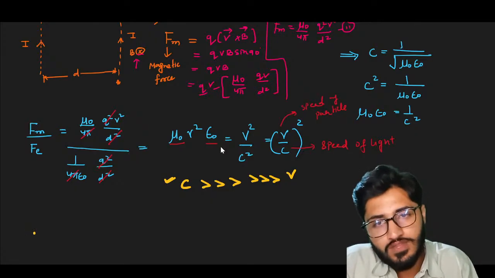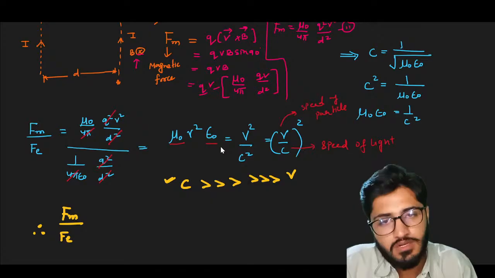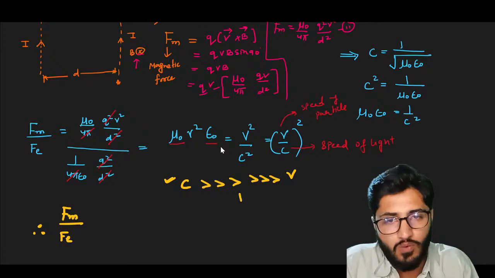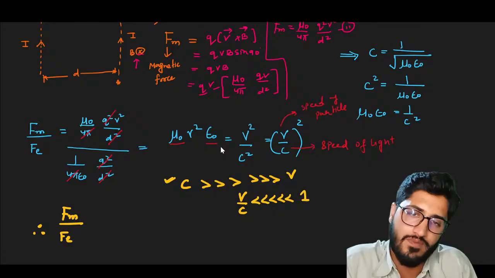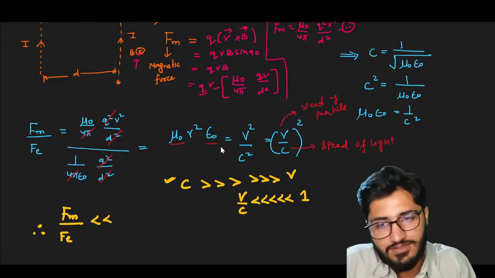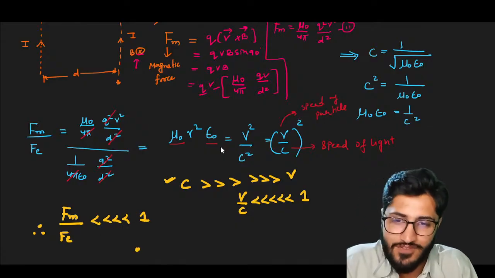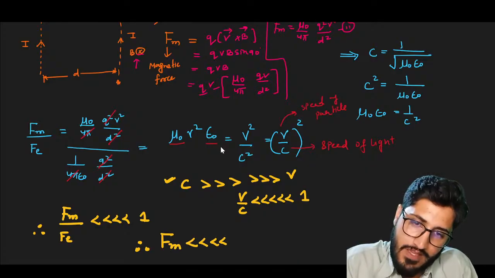Therefore, I can write Fm by Fe equals (v/c)², and v by c is less than 1. Therefore, I can write that Fm, the magnetic force, is very much less than my electrostatic force.